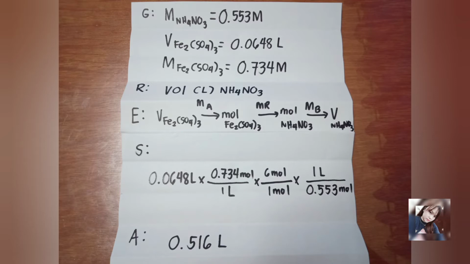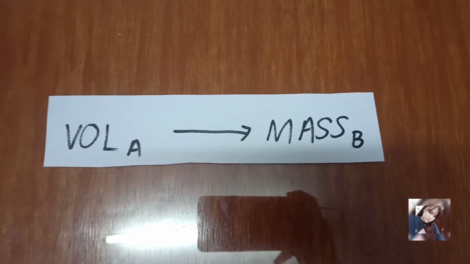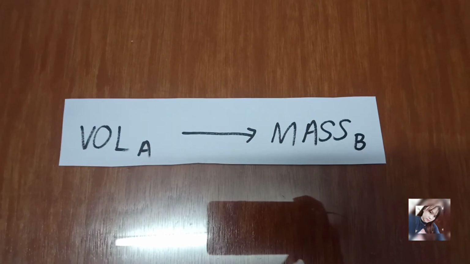We have 0.0648 liters multiplied by its molarity, which is 0.734 mole over liter, times the mole ratio 6/1, and divide by the molarity of the unknown substance, 0.553 mole. The final answer will be 0.516 liters.